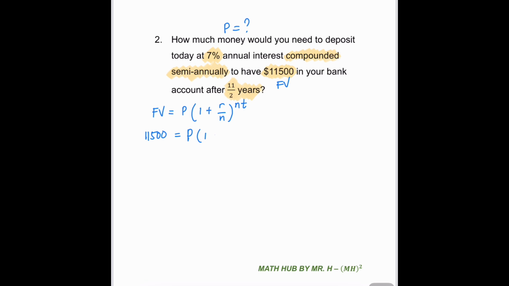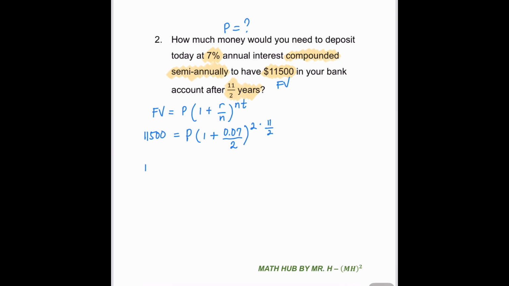So you have 1 plus the rate, which is 7%, so we can write 0.07 in decimal form, divided by 2 because it's compounded semi-annually, to the power of n, which is 2 times t. So t is 11 over 2.